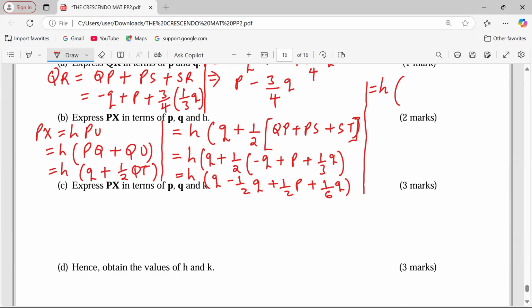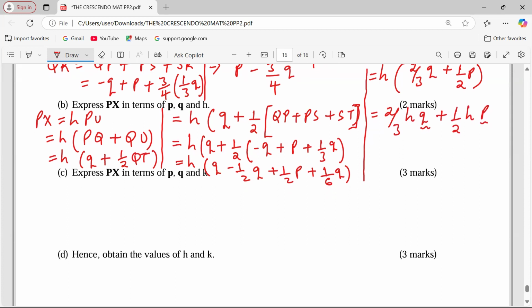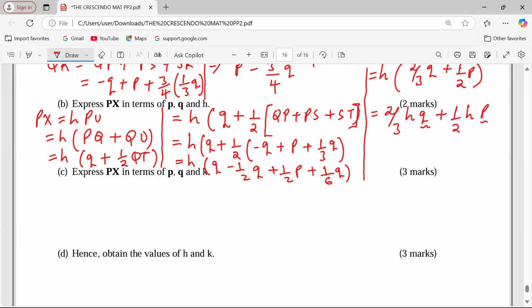So half plus a sixth gives us 2/3 of Q. Then we have plus a half P. Then we can open the brackets by multiplying by H: 2/3 H vector Q plus a half H vector P. That is the first expression of PX.